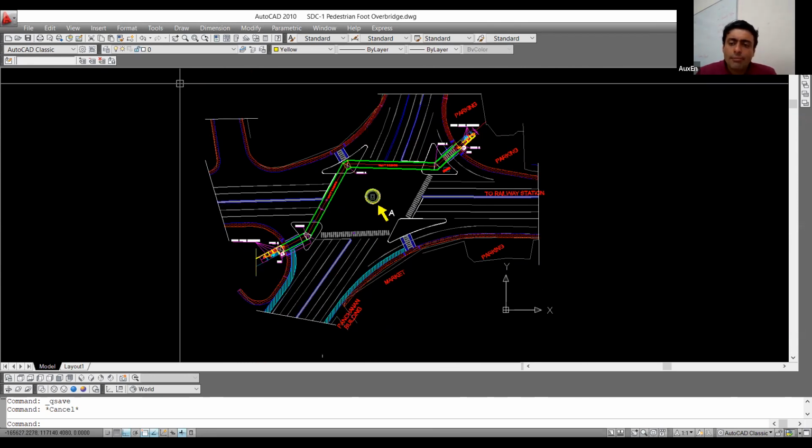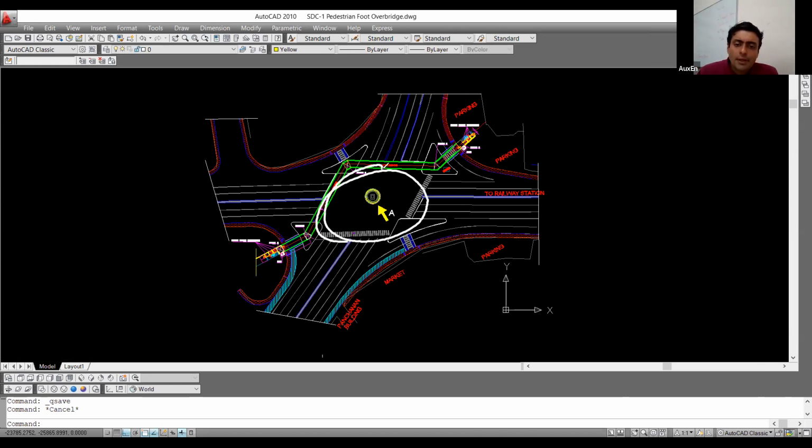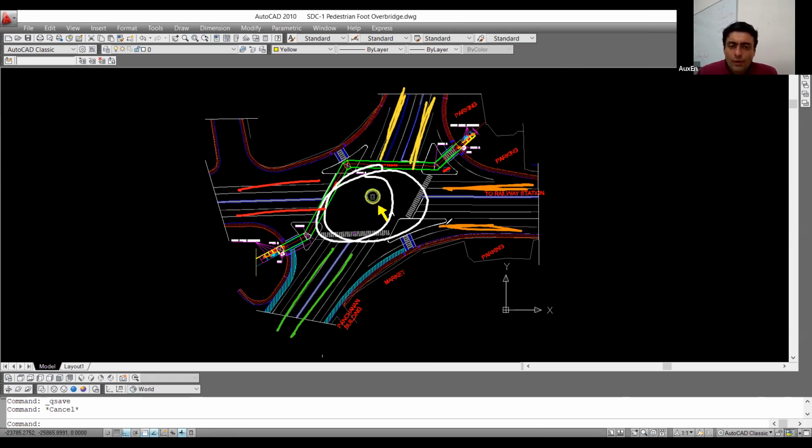So this was a very wide intersection in one of the cities of Madhya Pradesh. There are 4 roads intersecting: 1, 2, 3, and 4.